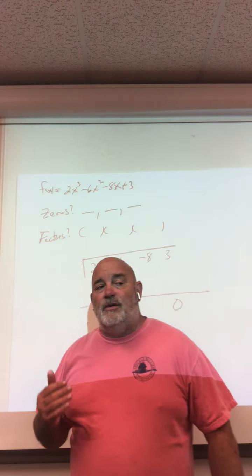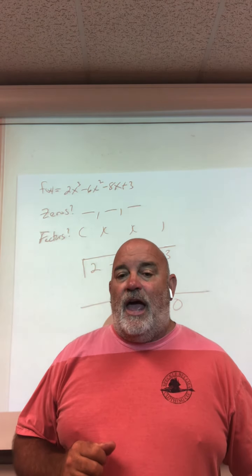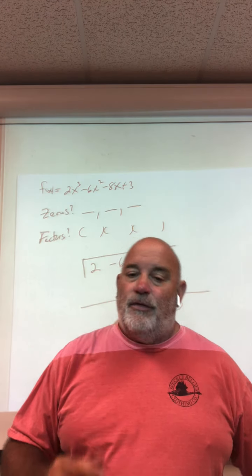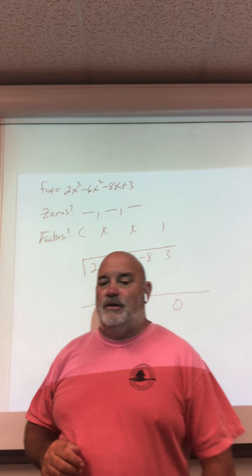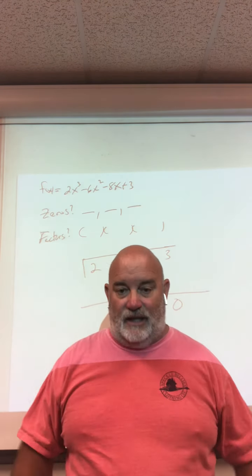So what I'm about to do is I'm about to show you how to make a list of numbers. And we call these numbers rational numbers. They're whole numbers and fractions. But this is what I refer to as my suspect list.